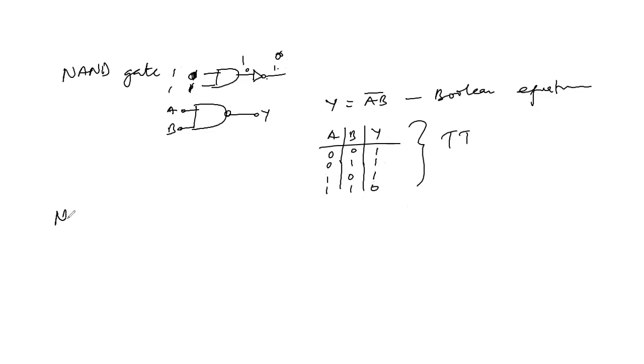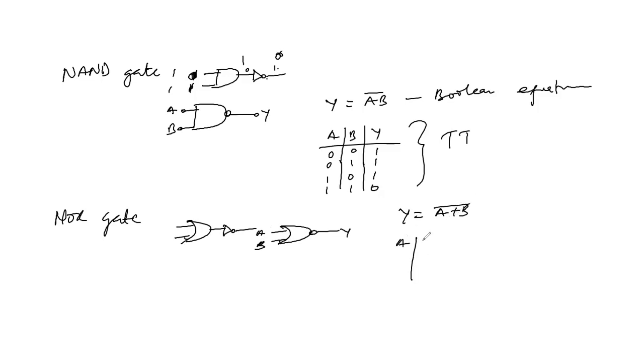And also we have the NOR gate, which is the same as the OR, having an inverter at the output. So that gives us A, B. So here, Y is the same as A plus B, the whole bar.